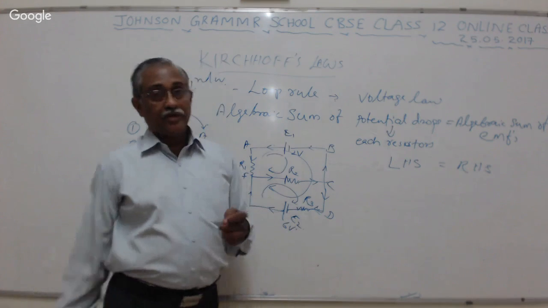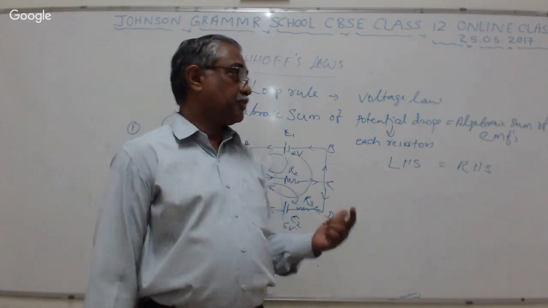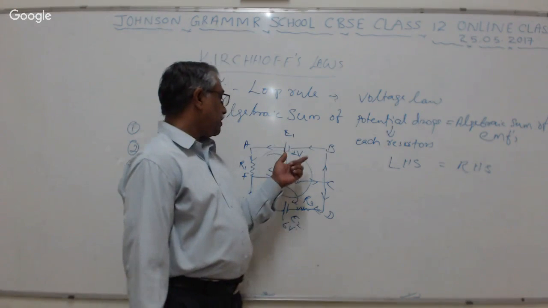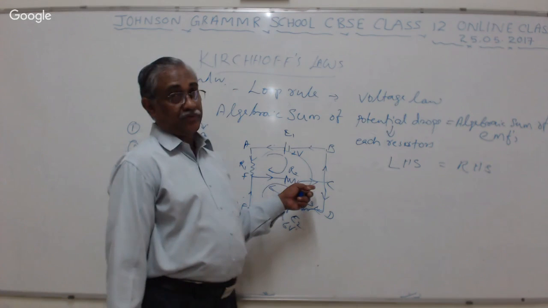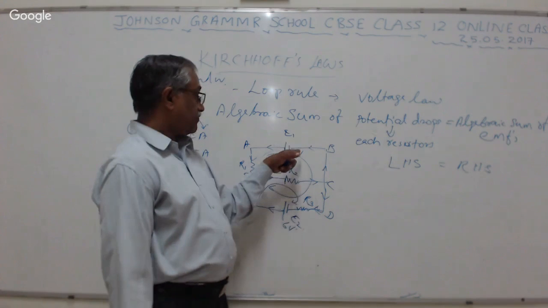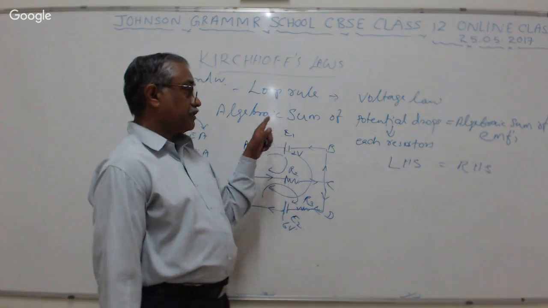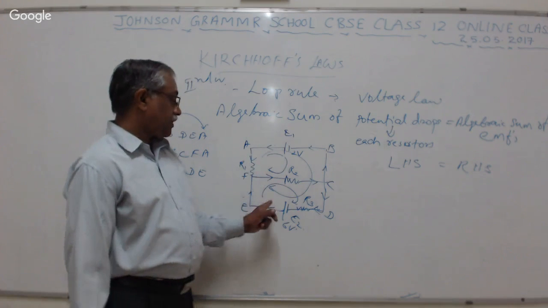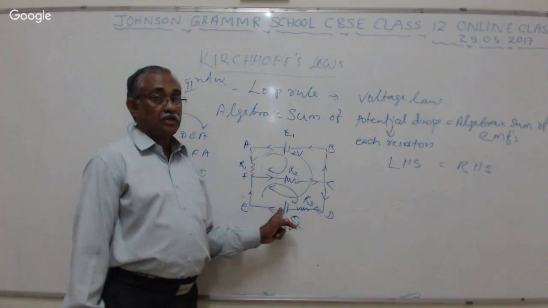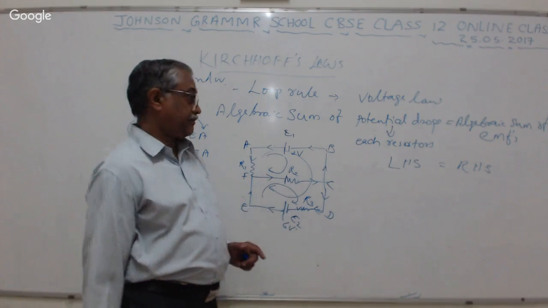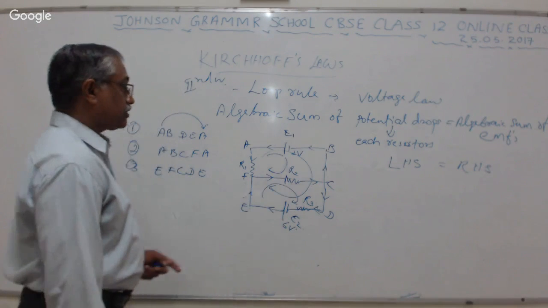If you are entering a cell through the positive terminal, then you give it as negative. Is that clear? So entering through a negative terminal, take it as positive, and entering through a positive terminal, take it as negative. That is the sign convention we are going to follow.